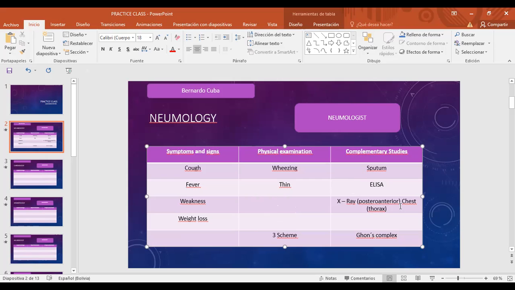The other side of the weight would be the parenchyma of the lung, which is affected, which is also seen as a round part. And the middle part is a lymphatic vessel.